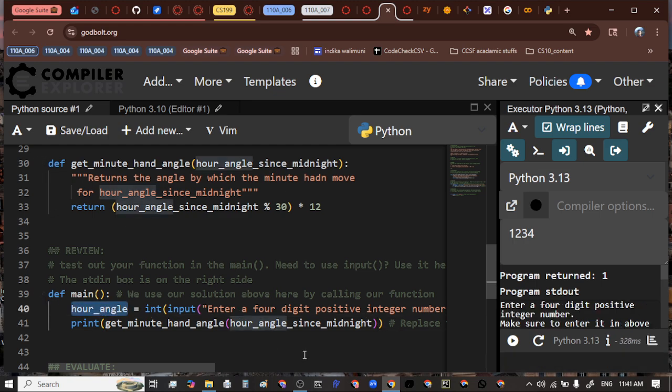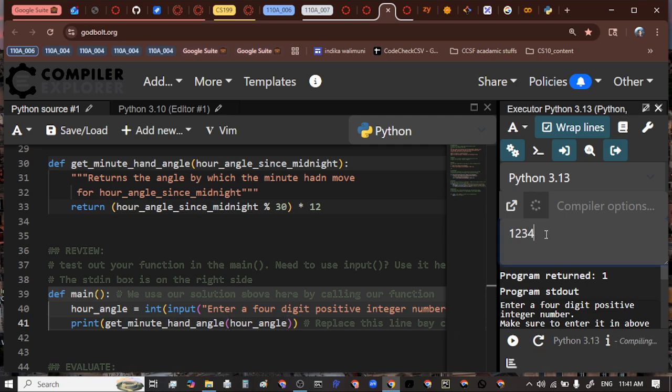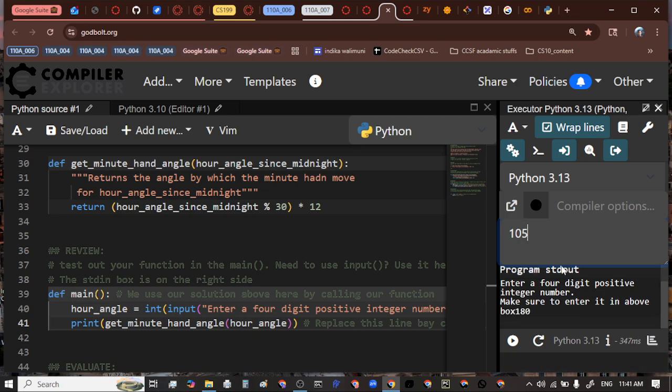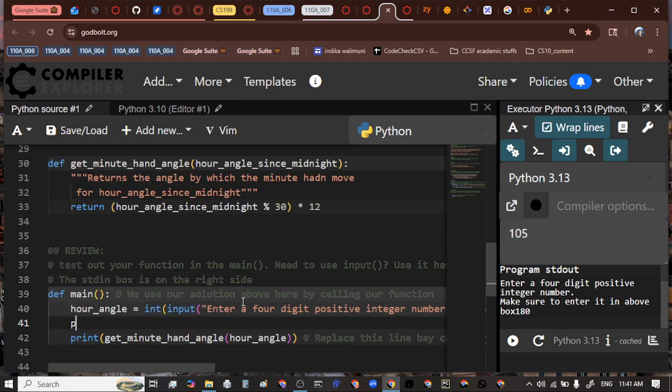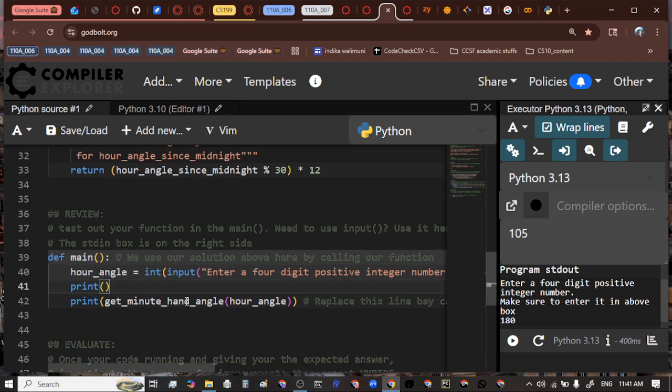Our angle is going to be this, and then I'm going to change this to, let's try 105. I should get 180. So I got 180. I'm going to add a print here and add more values.